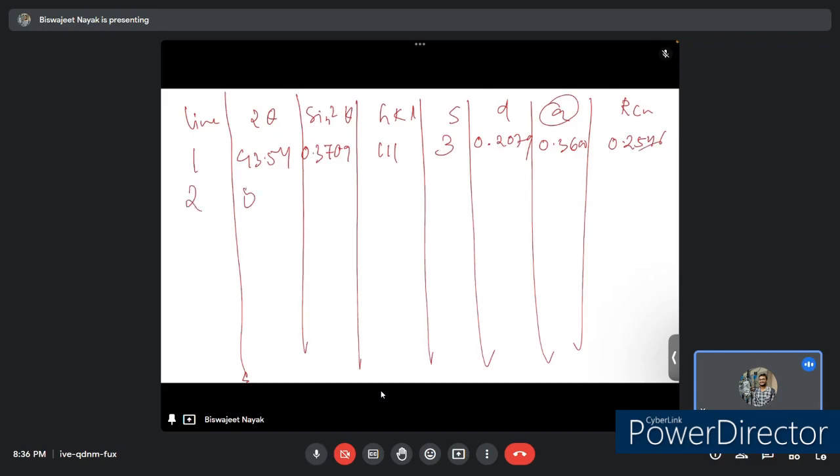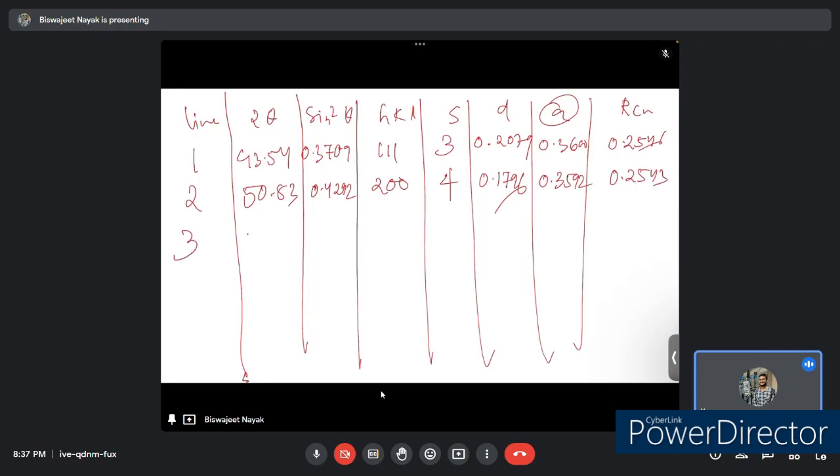So for 50.83, sin square theta becomes 0.4292. For S value 4, D becomes 0.1796 and A becomes 0.3592 and radius becomes 0.2543.